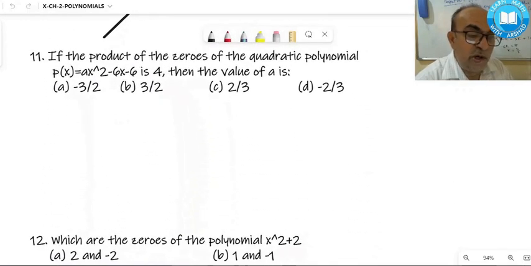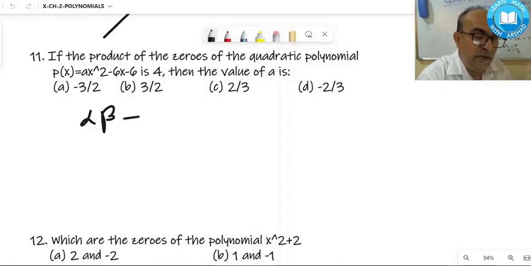Now if the product of the zeros of the quadratic polynomial ax square minus 6x minus 6 is 4, product is 4 means alpha into beta is 4. Alpha into beta means c by a equal to 4.